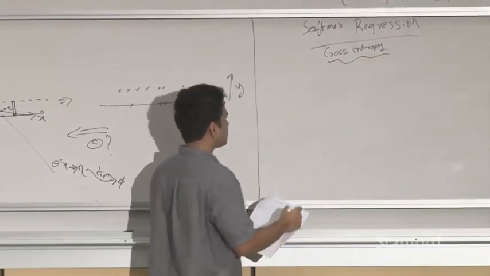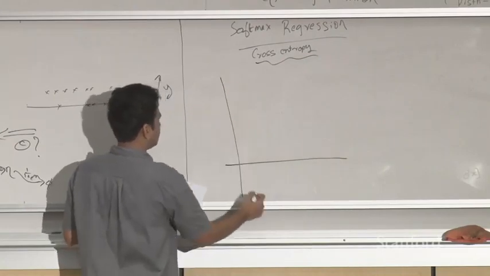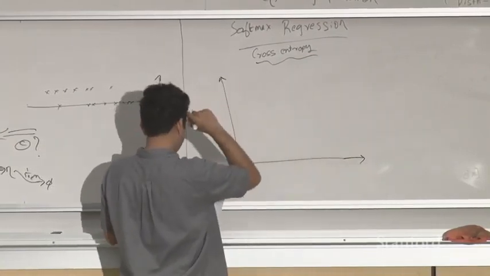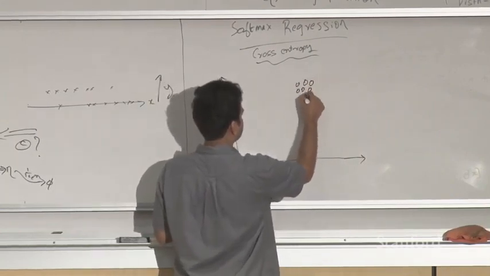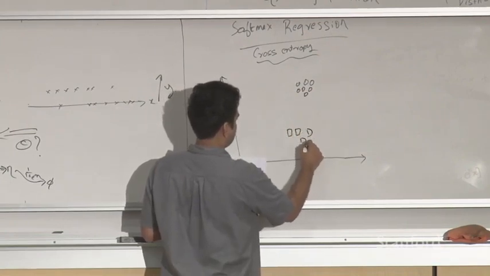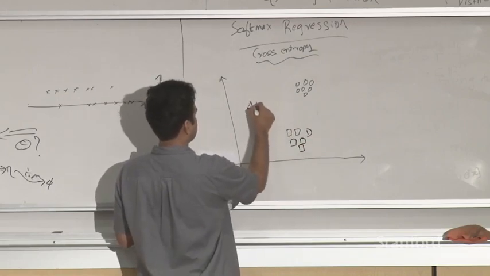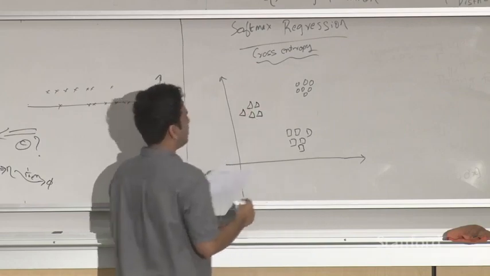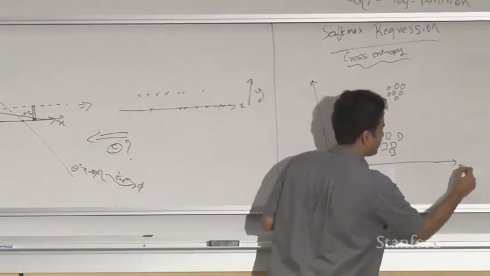So let's assume. So here we are talking about multi-class classification. So let's assume we have three classes of data. Let's call them circles, squares, and say triangles. Now, here this is x1 and x2.